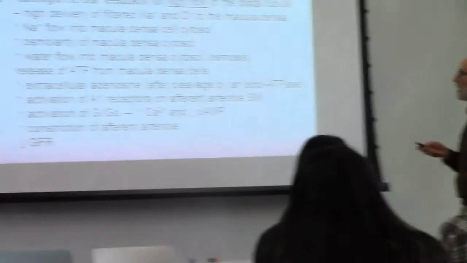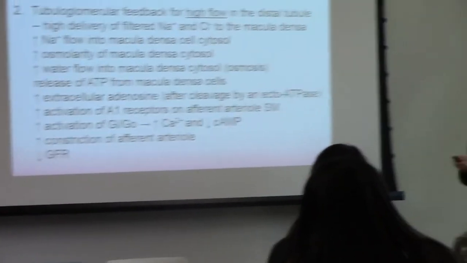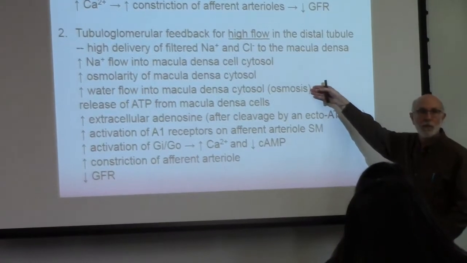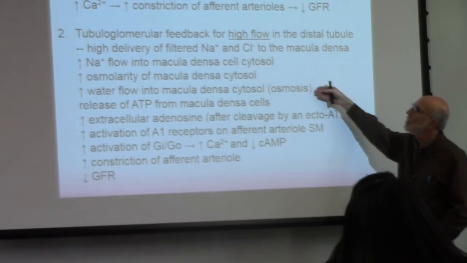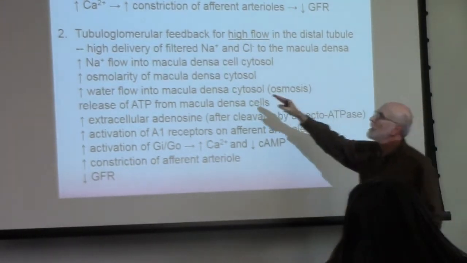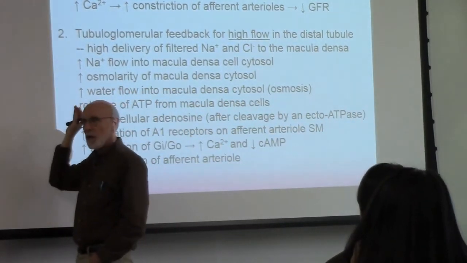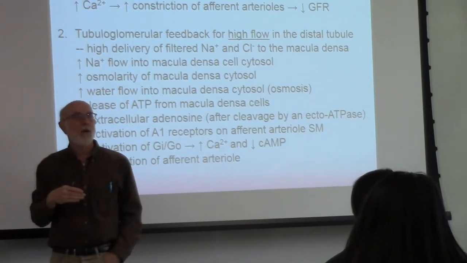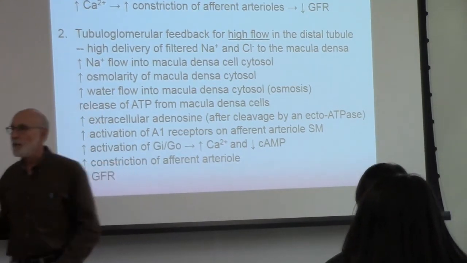The macula densa detects an increase in osmolarity in the distal tubule. So water flows. This should be a down arrow, because increased fluid flow would be a decreased osmolarity.